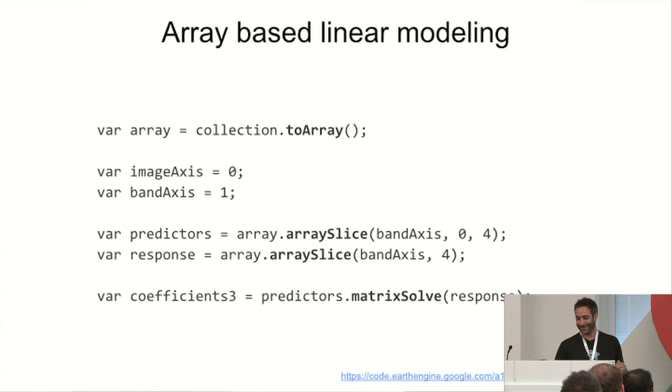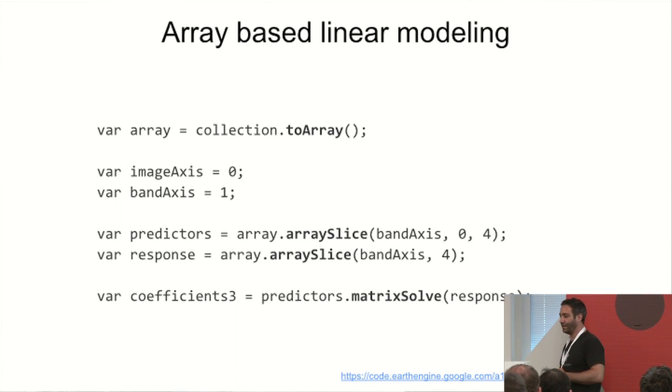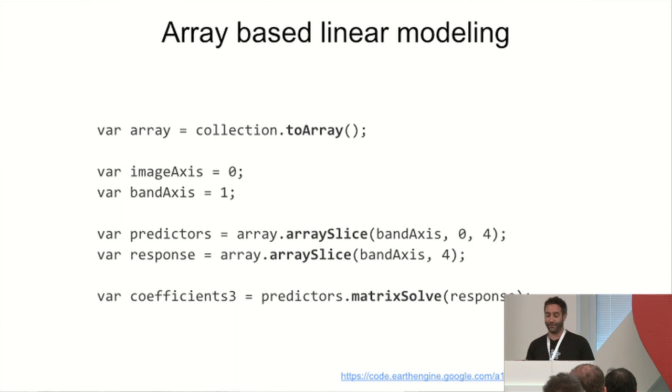Okay. So here's how this works. I've assumed that we've mapped a function over the collection to add the constant band and add the time band, sine and cosine. See the example code if you want to know how to do that. But once you've done that, all you have to do is call .toArray on this thing.